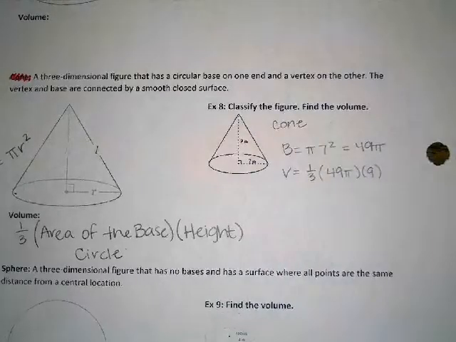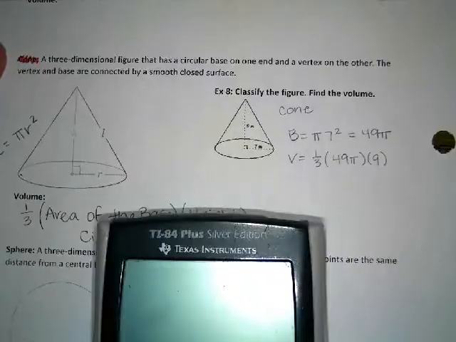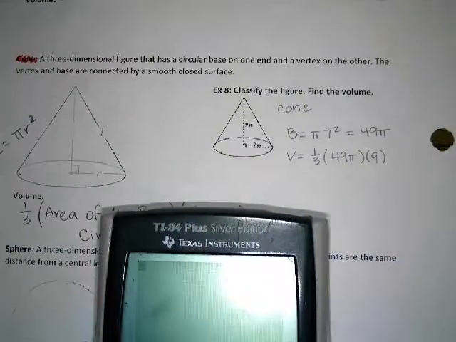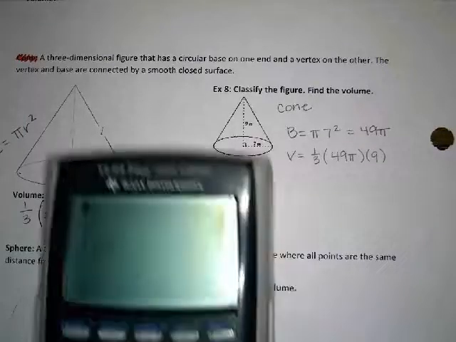And there's always two different ways we can write answers for cones and also for cylinders. I probably talked about this in the video. We can always write the approximate answer and we can write the exact answer. The exact answer is in terms of pi. The approximate answer is a decimal.